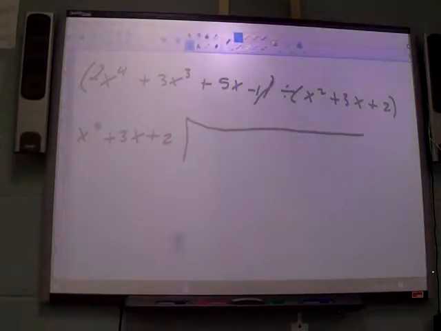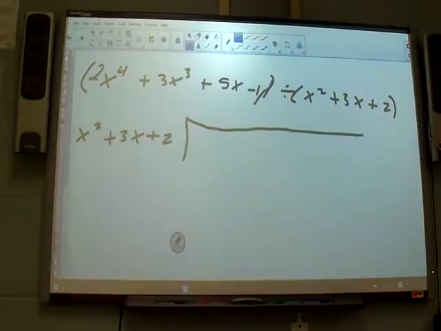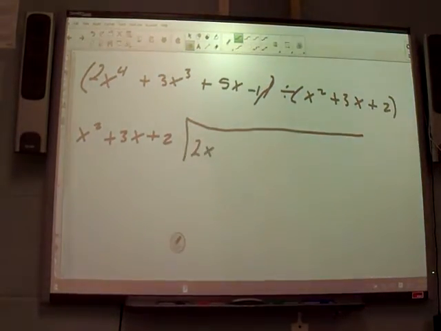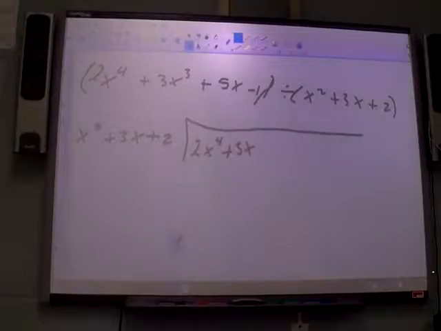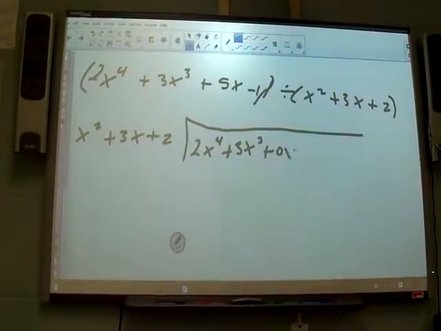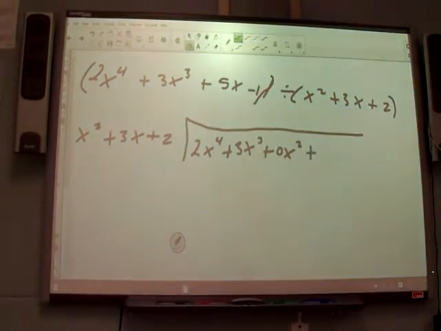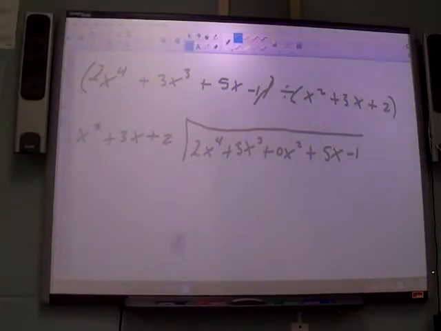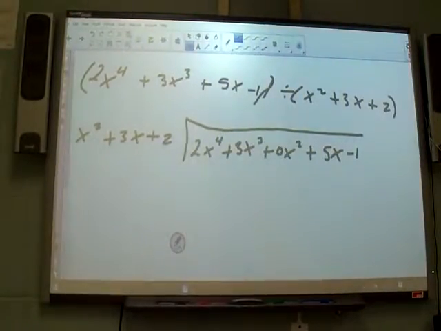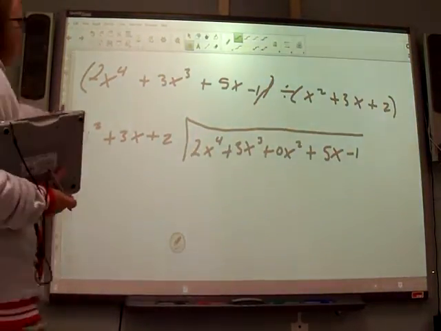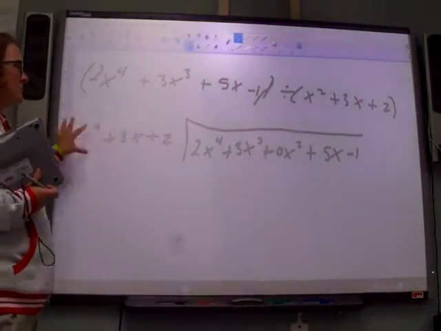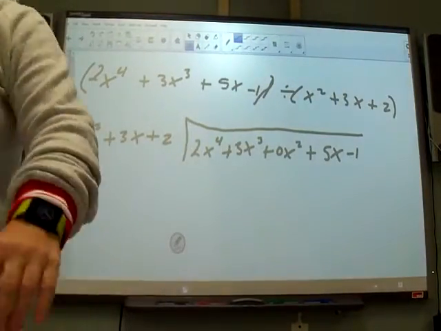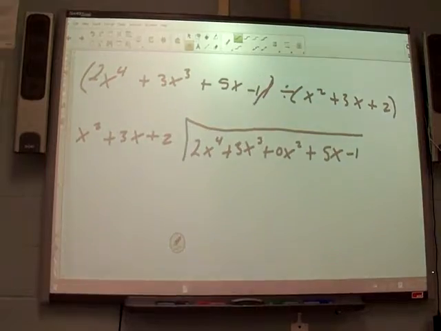So we're going to write that as 2x to the 4th plus 3x cubed plus 0x squared plus 5x minus 1. And it's the same thing out here also. If you're missing one of the powers out here, you also got to put a 0. But we weren't missing it, so didn't have to. All right.